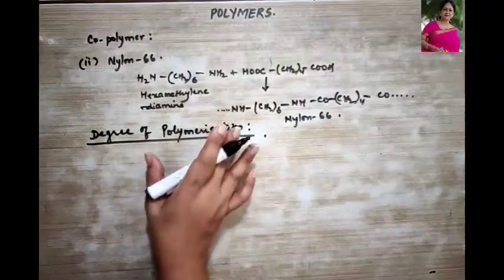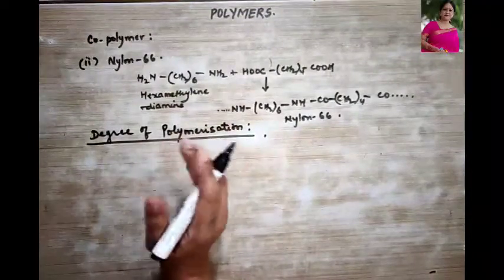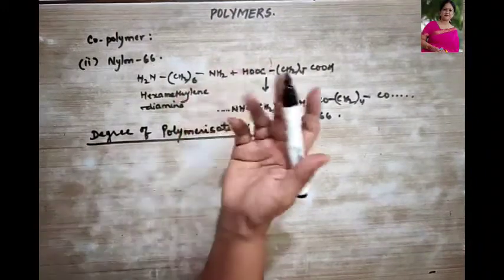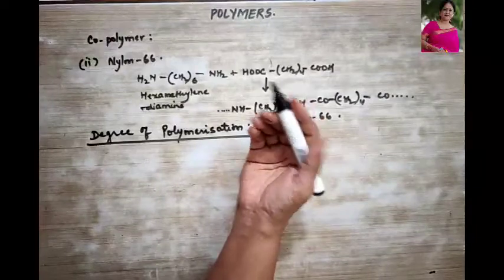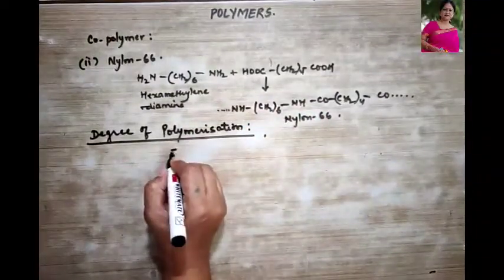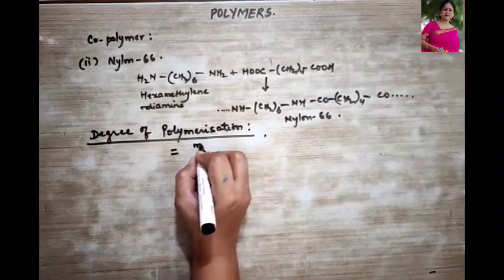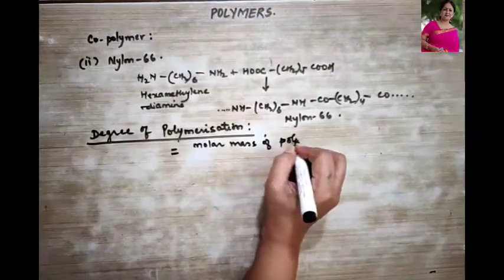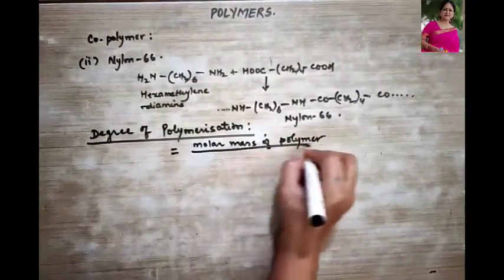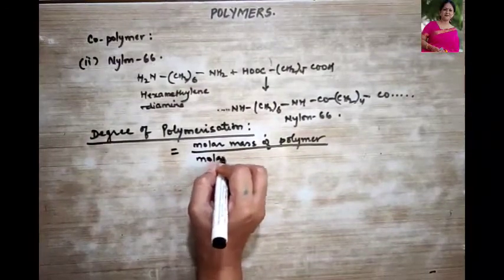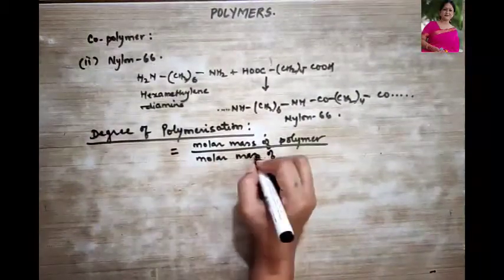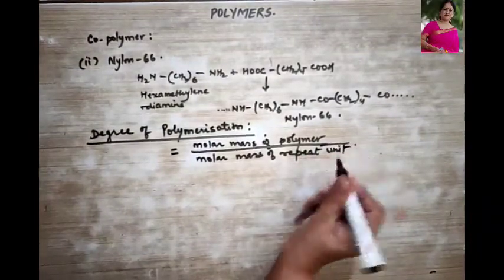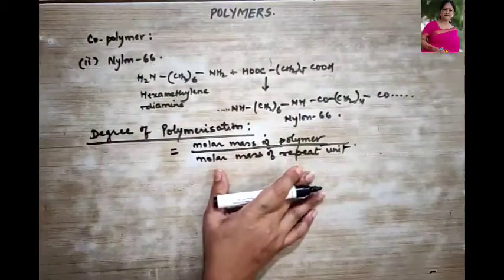But in a polymer the number of monomers is always very large, sometimes even in the order of 10 to the power 3 to even 10 to the power 6 or more. It is given with this formula: molar mass of the polymer upon the molar mass of the repeat unit. This is how we find out the degree of polymerization.